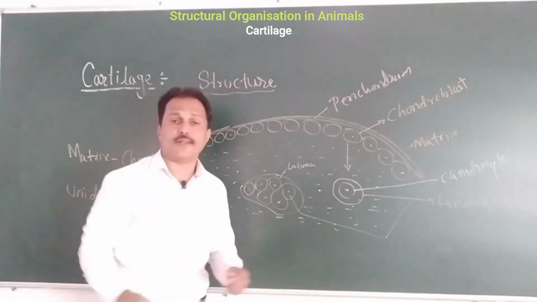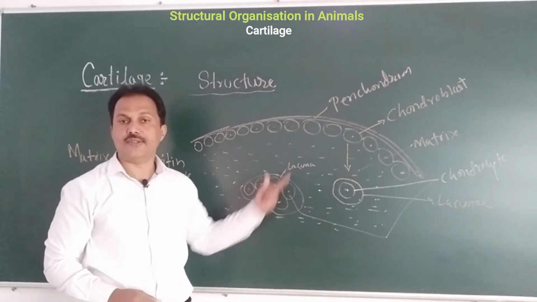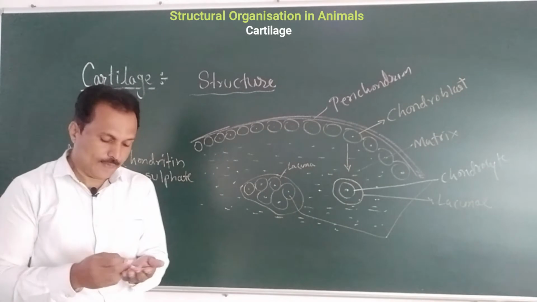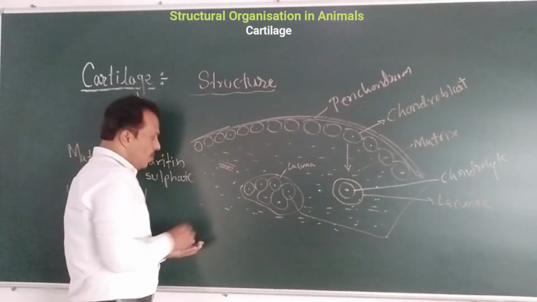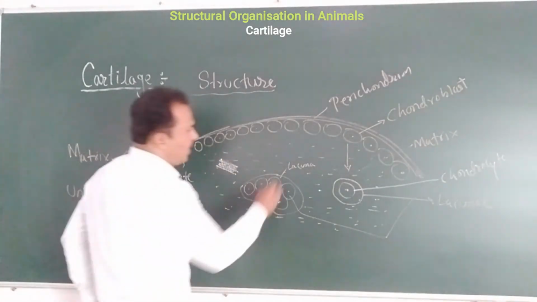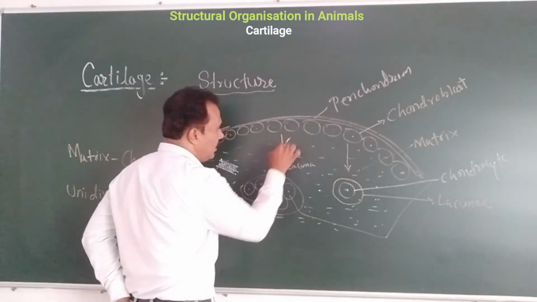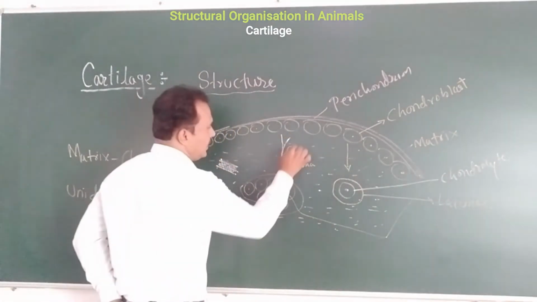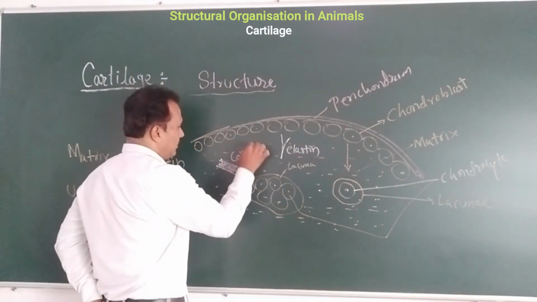So this is the structure. Apart from the chondrocytes and the matrix, you will also find fibers, collagen fibers. You may find a branched single elastin fiber. This is the elastin fiber, this is the collagen fiber.